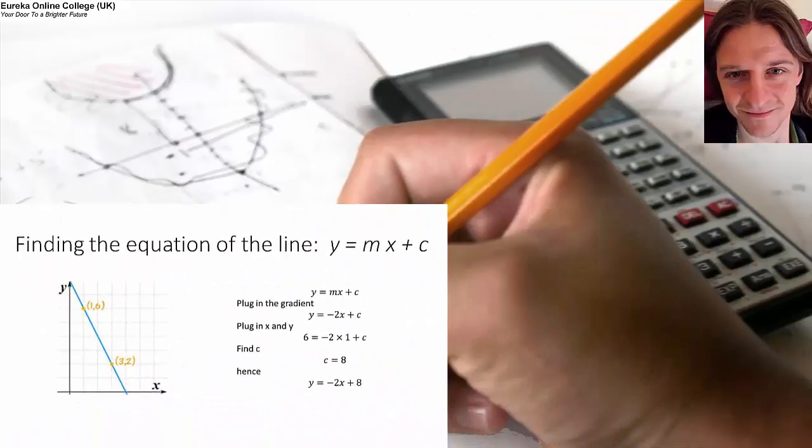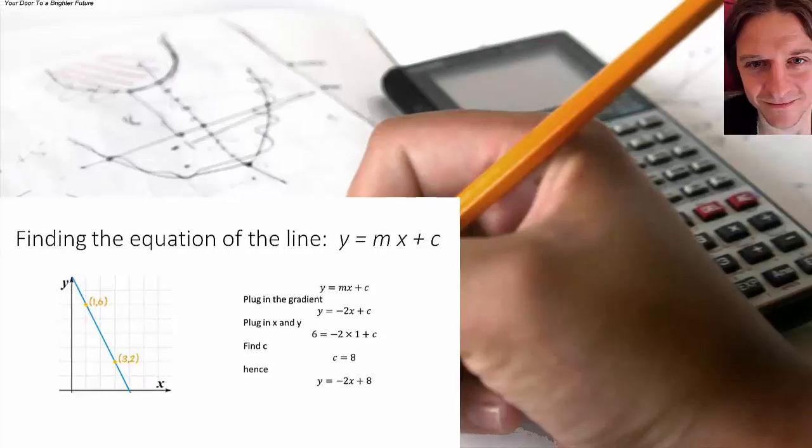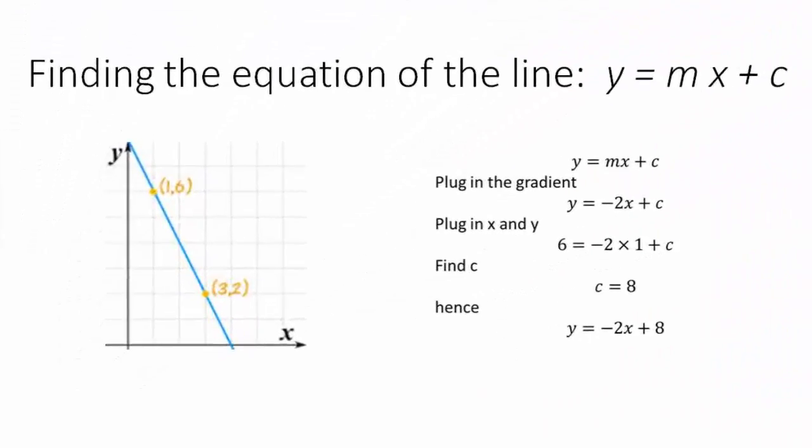Let's have a look now at finding the equation of the line, y = mx + c, for that. That is a standard general result. It's something I would strongly advise the students to learn. That formula, the general equation of a straight line, y = mx + c. I'd like to point out that it's not the only way of writing down the equation of a straight line. We can of course have other formats.